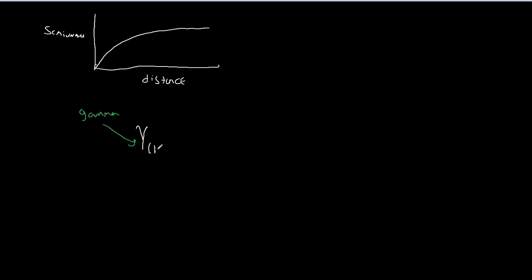So gamma of some distance h is going to be equal to the sum of all points of (Zi minus Zj), squared, divided by 2 times n sub h. This is it. This is the whole equation. Oh, sorry, that's supposed to be squared. That's all this equation has to it.